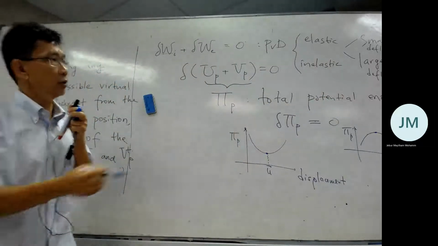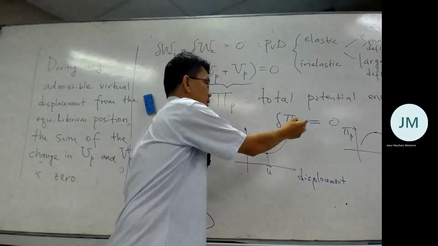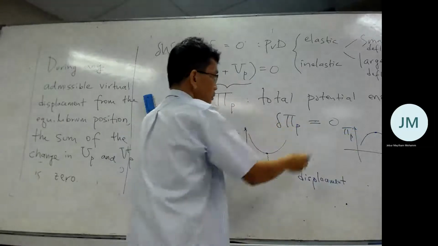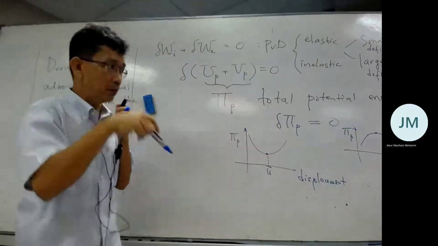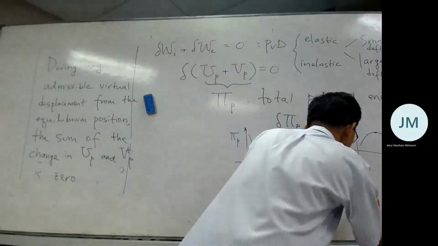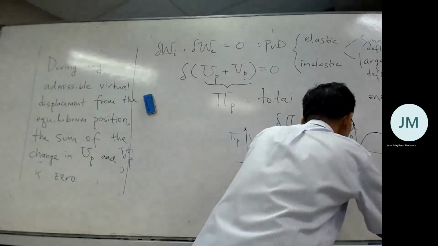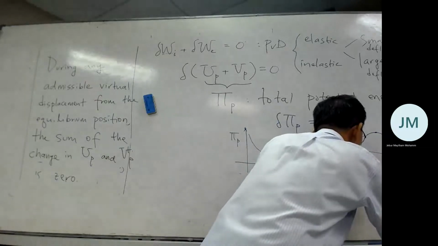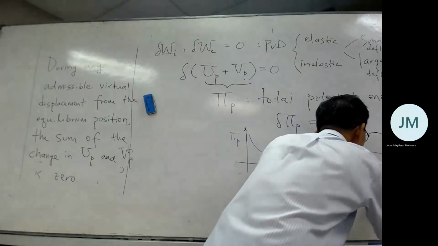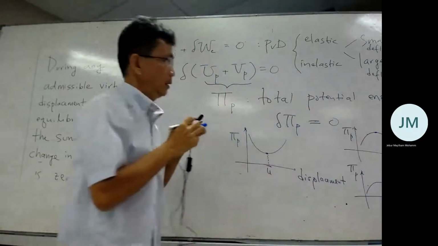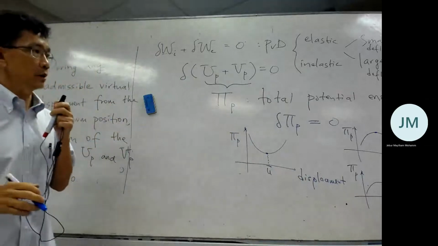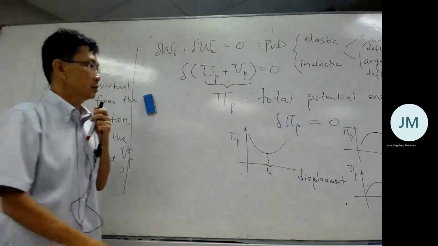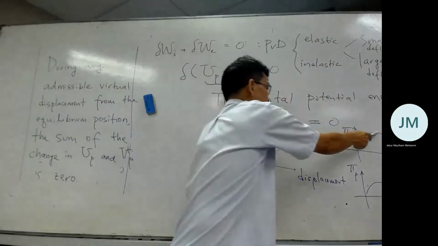Change in the function equal to 0 means you have a maximum point, a minimum point, or an inflection point. Remember in calculus we studied dy/dx equal to 0. It can be like this, like this, or like this.